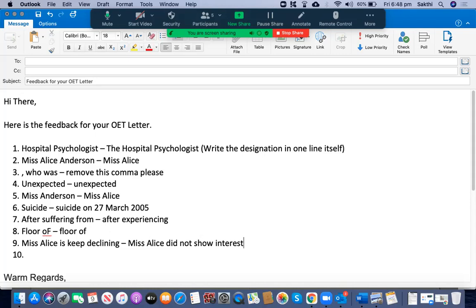You can also say Miss Alice is not... if it is the present tense, you can say it doesn't show, or if it happened in the past tense, you can use didn't show. Miss Alice is unwilling or is not willing.